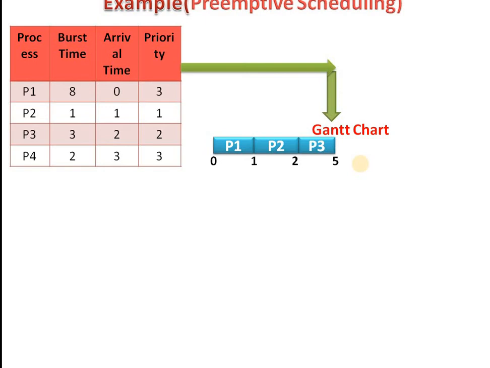After that, P1 and P4 have the same priority, so they will be executed as per first come first serve. As per first come first serve, P1 will be executed first.